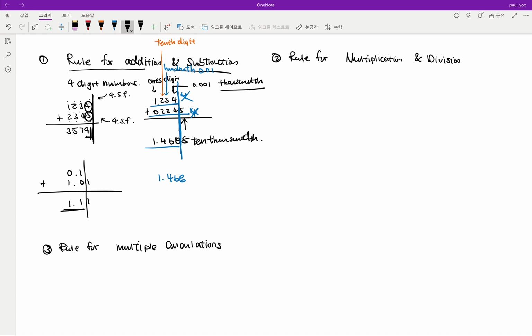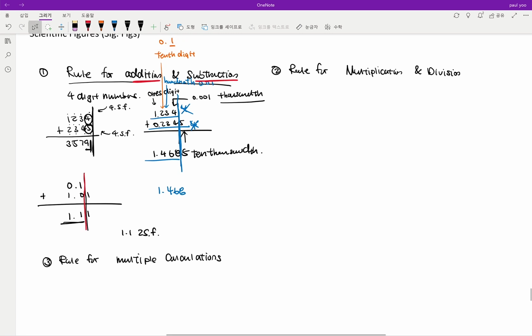So you end up with 1.1, which has 2 sig figs as the result. And this applies to the rule of subtraction as well. So for addition and subtraction, the most important part is where you cut off the answer in sig figs.